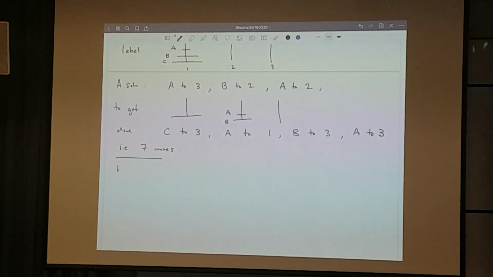I'll tell you why it's called Hanoi in a minute. The point is that it reduces the problem for n discs to the problem for n minus 1 discs.